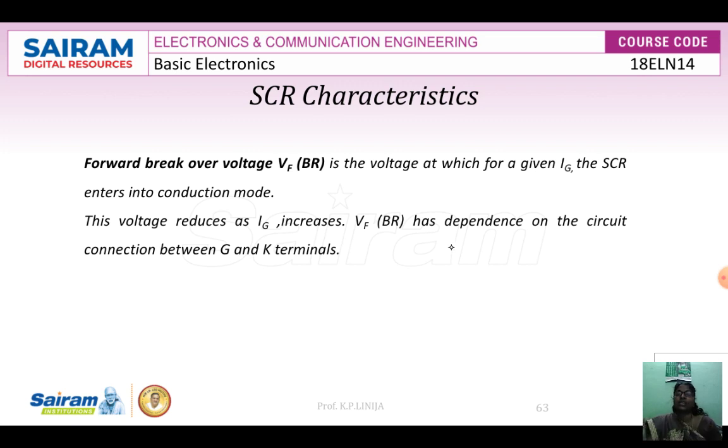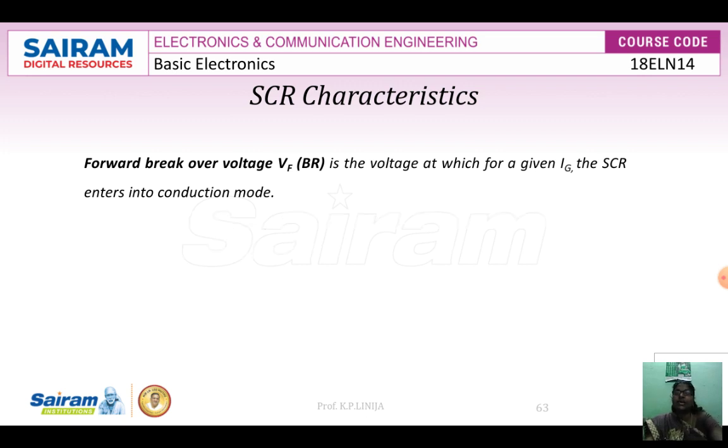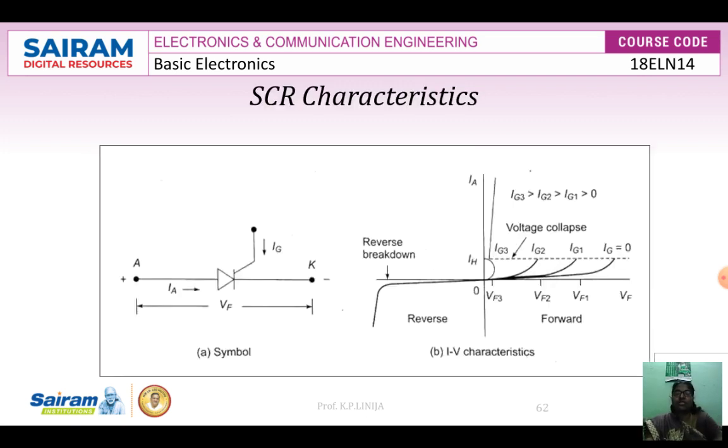In the graphical representation we have seen there is a switching transition happening here: the SCR switches from the conduction state to the forward blocking region. So this is the conduction state, and some transition is happening. This region is called the holding current.